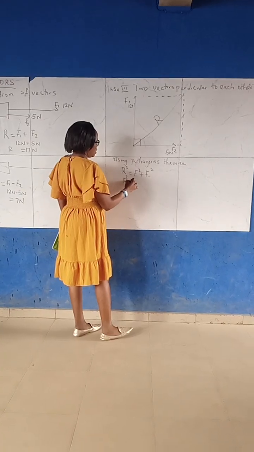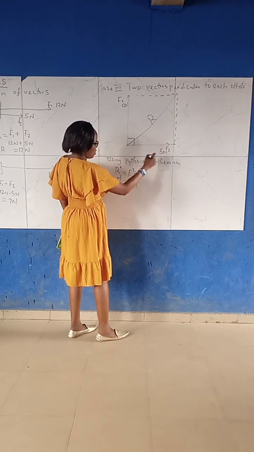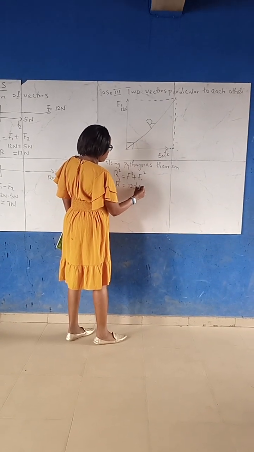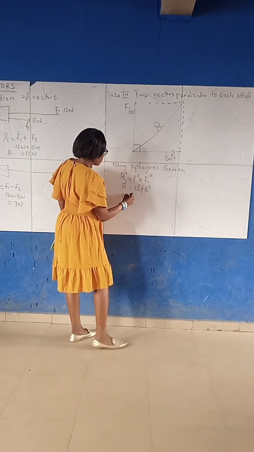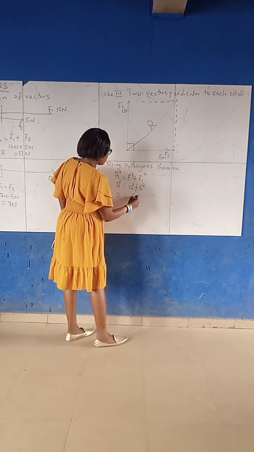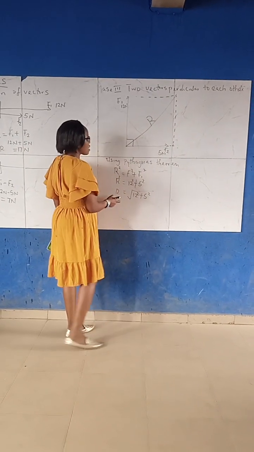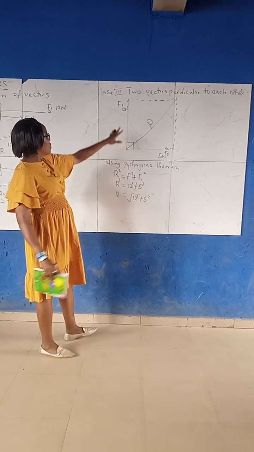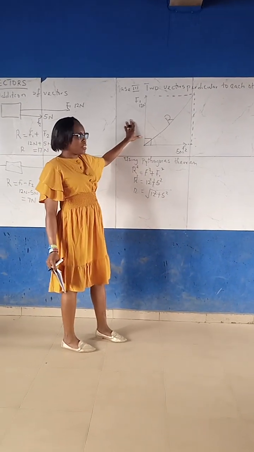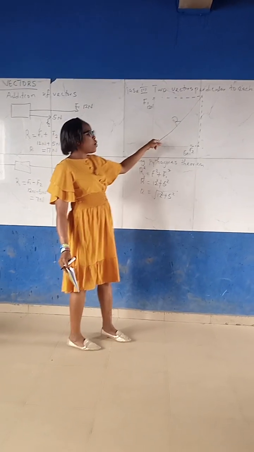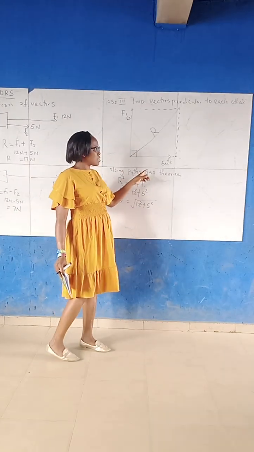My R squared is going to give me 12 squared plus 5 squared. So my R is going to give me the square root of 12 squared plus 5 squared. So this is how to find the resultant when you have two vectors that are perpendicular to each other, which means the two vectors are at right angles to each other, which is 90 degrees.